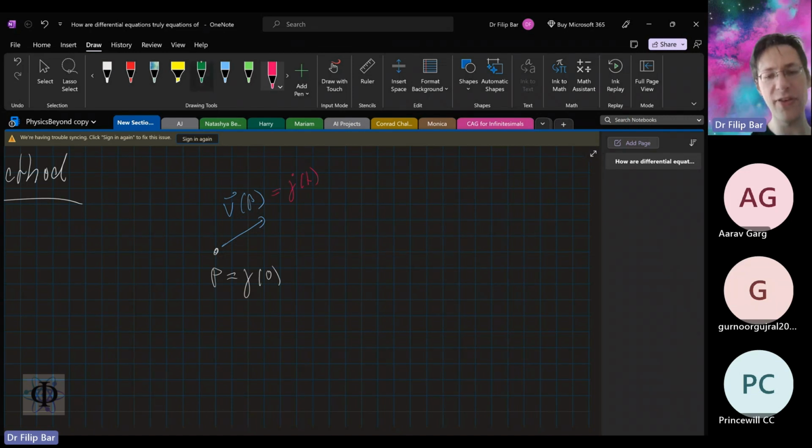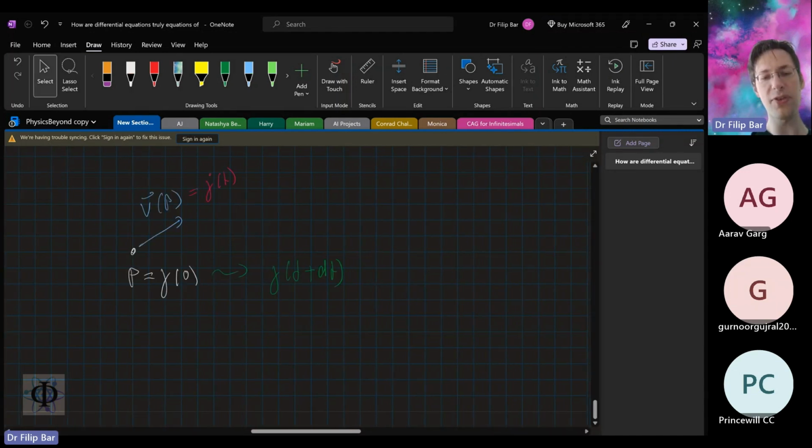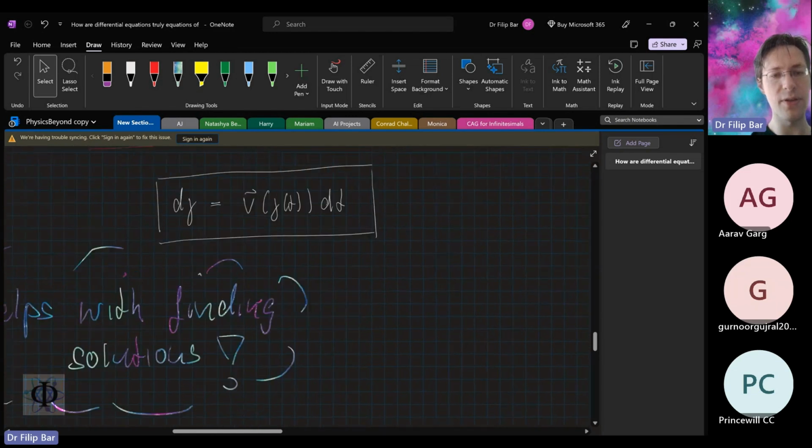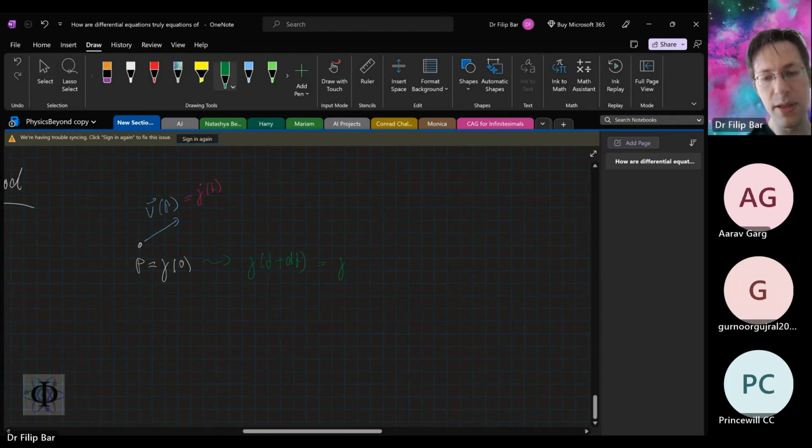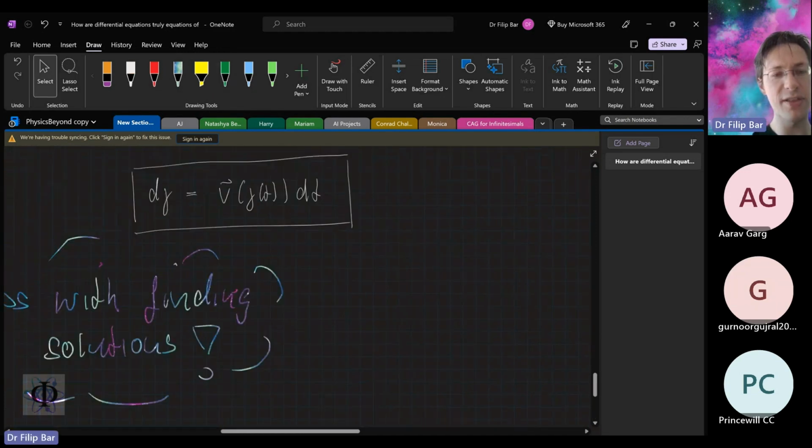And then if I'm starting with this, I want to know what is the next position after an infinitely small time step? Well, let's just look at our equation. So I'm rearranging this equation. Maybe I should do that very quickly.